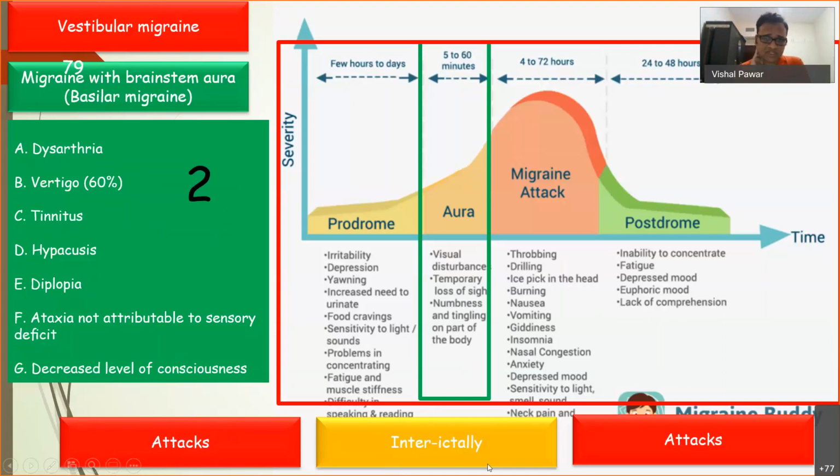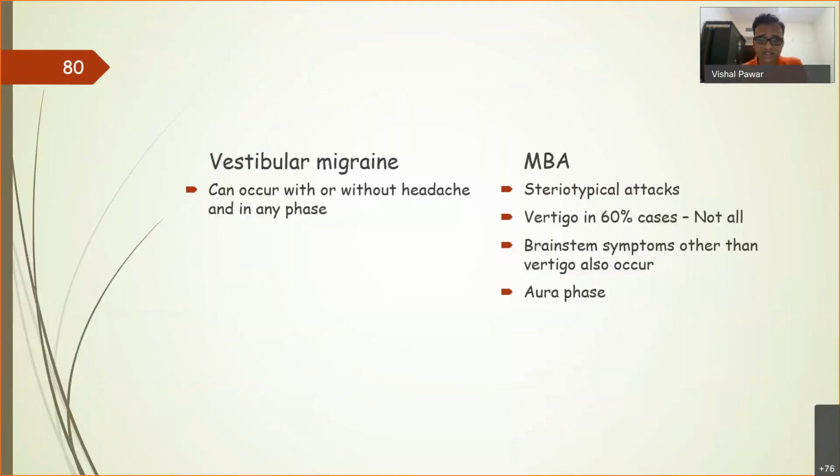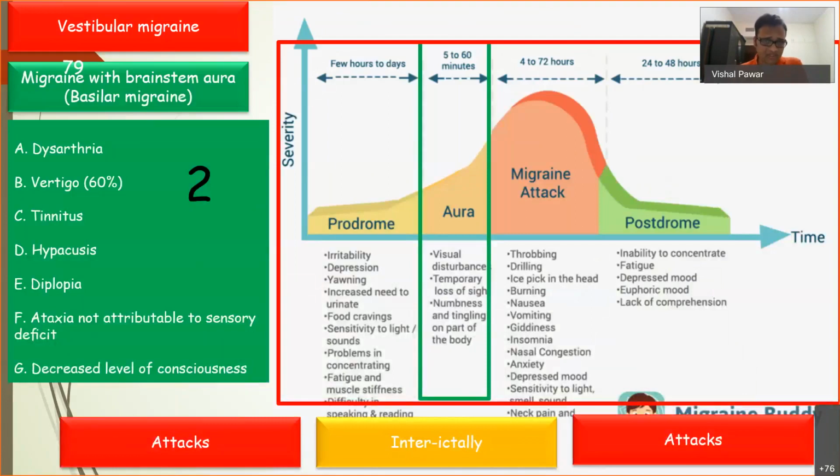It doesn't specifically happen only before the headache. Although there is a small fraction of patients with vestibular migraine who get vertigo specifically before the headache in some attacks, other episodes they might have without headache, or during headache also.